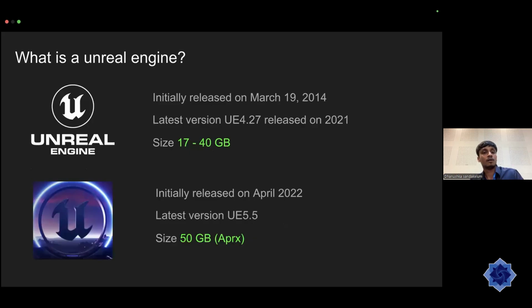So Unreal Engine actually has two major versions. We have Unreal Engine 4, we have Unreal Engine 5. Many games have already been developed using Unreal Engine 4. But I think around 2022, Epic Games released a new version of Unreal Engine known as Unreal Engine 5.